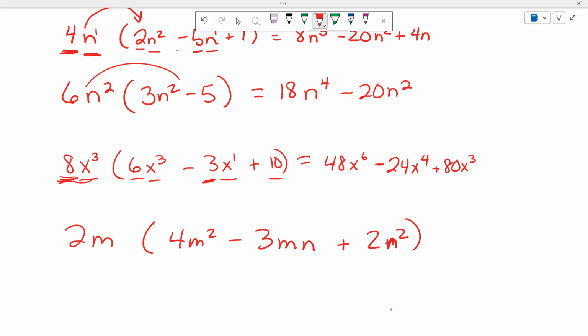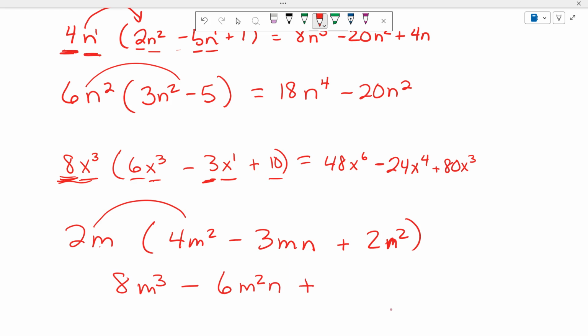Okay? So we distribute again. Okay? 2 times 4 is 8. M times m squared is m cubed. Minus 2m times 3mn. 2 times 3 is 6. M times m is m squared. And then there's no n here. There's an n here, so we just add it on the n.